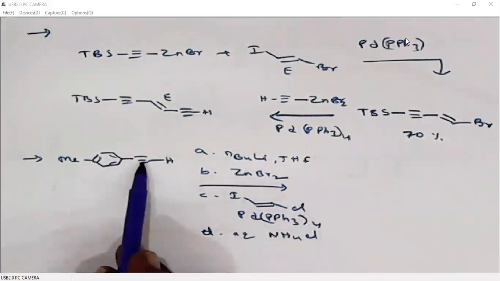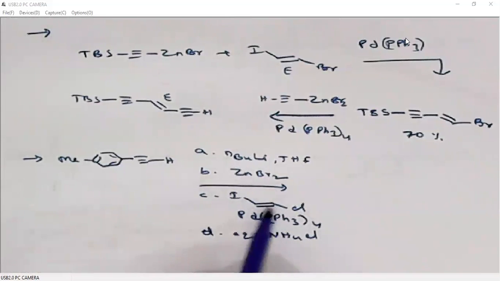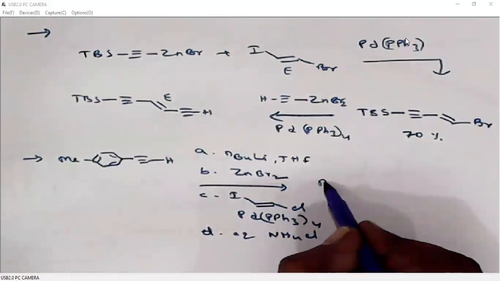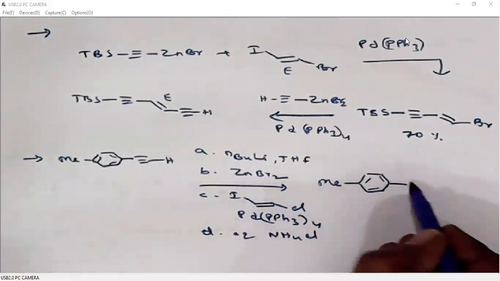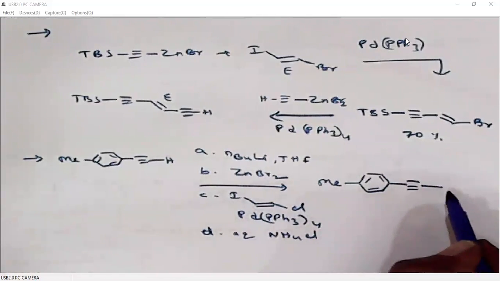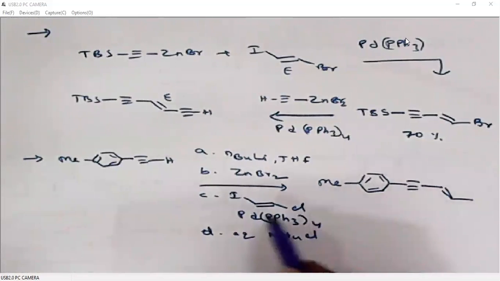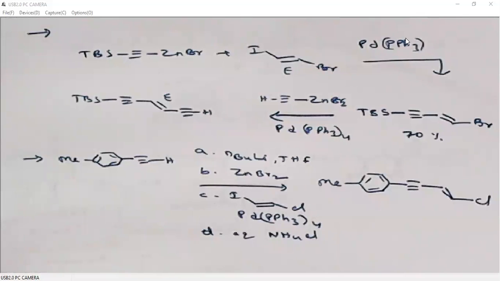So we are generating an organozinc reagent that will undergo Negishi coupling with this compound. So the product is: we are generating organozinc here. It will undergo coupling with the iodine first under Negishi conditions.